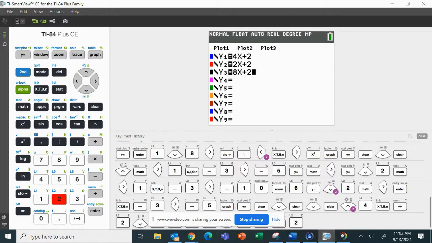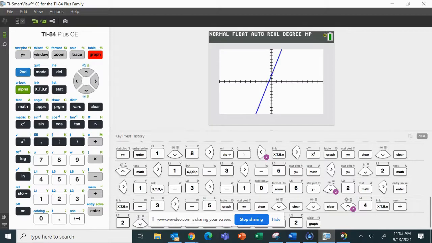The first one is the original, the red one is the correct answer, and then the black one is the incorrect. If we think about a horizontal stretch, that means it needs to become more horizontal.